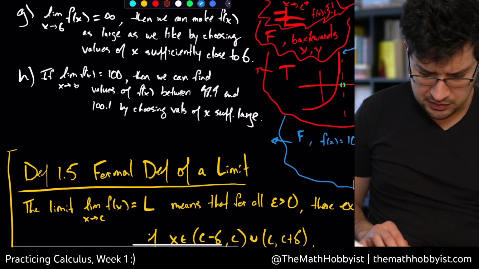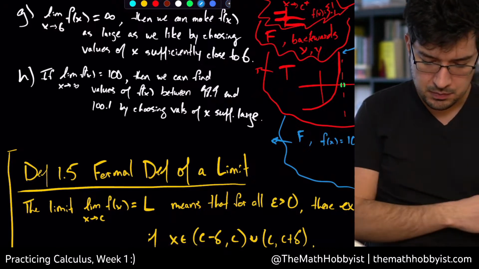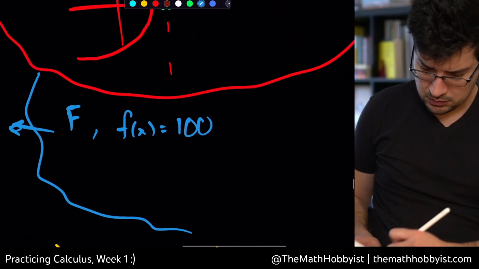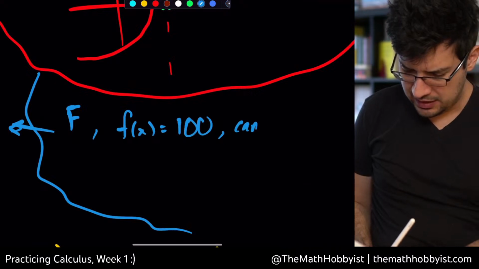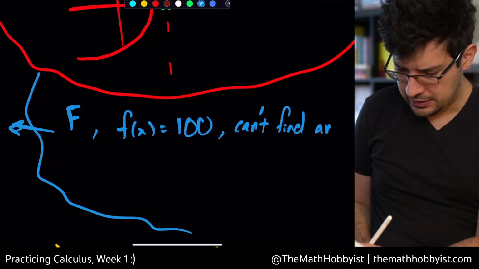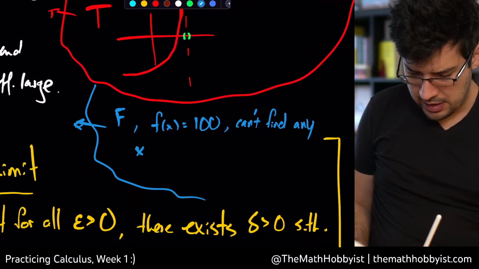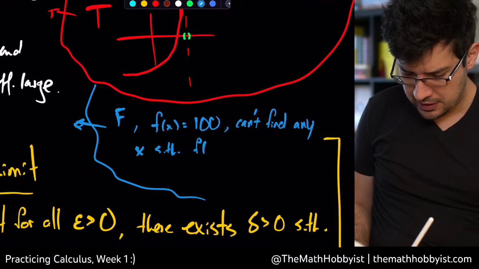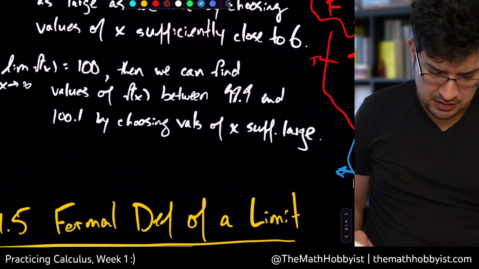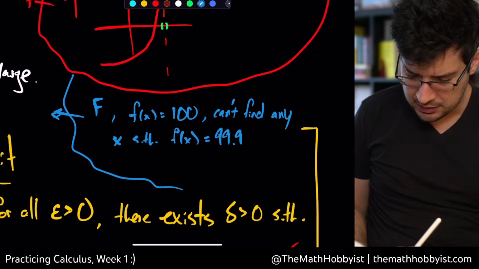We can choose the constant function f of x equals 100, but we can't find any x such that f of x is between 99.9 and 100.1 values like 99.99.